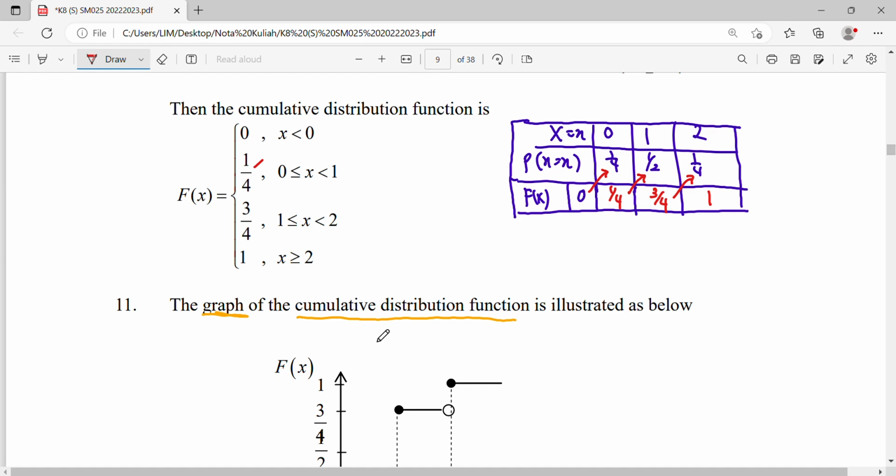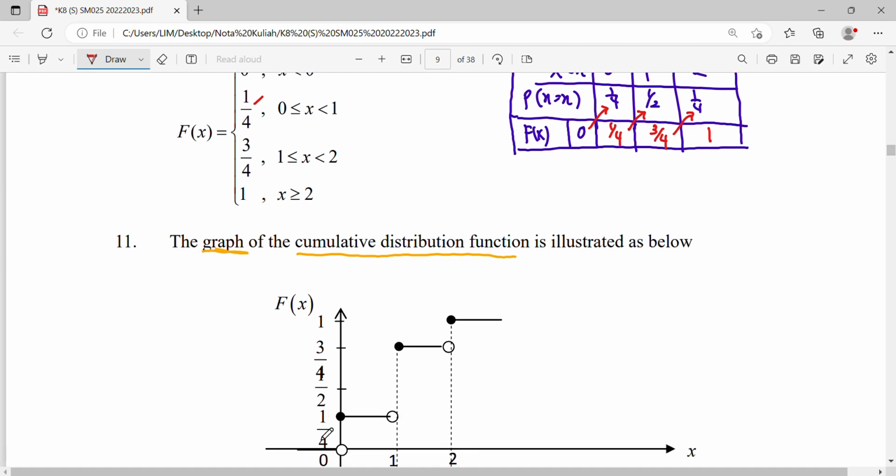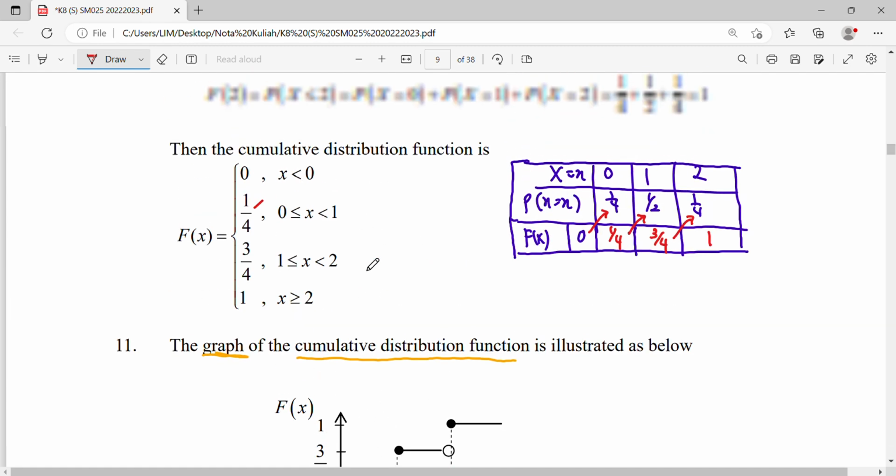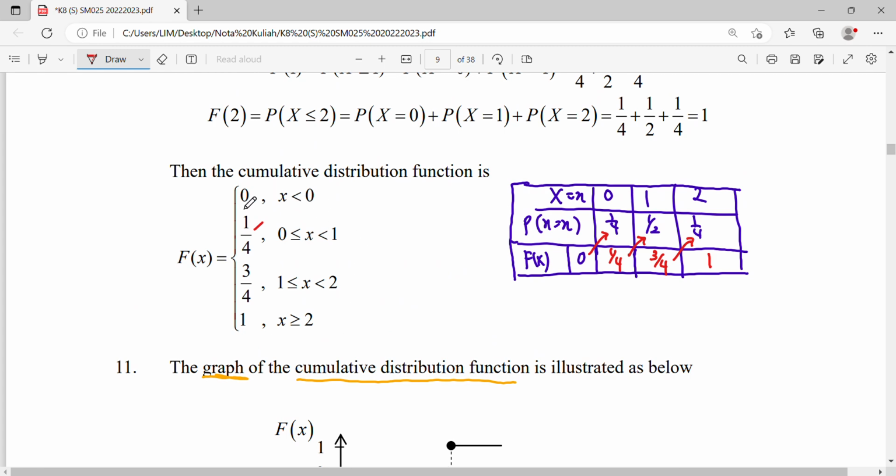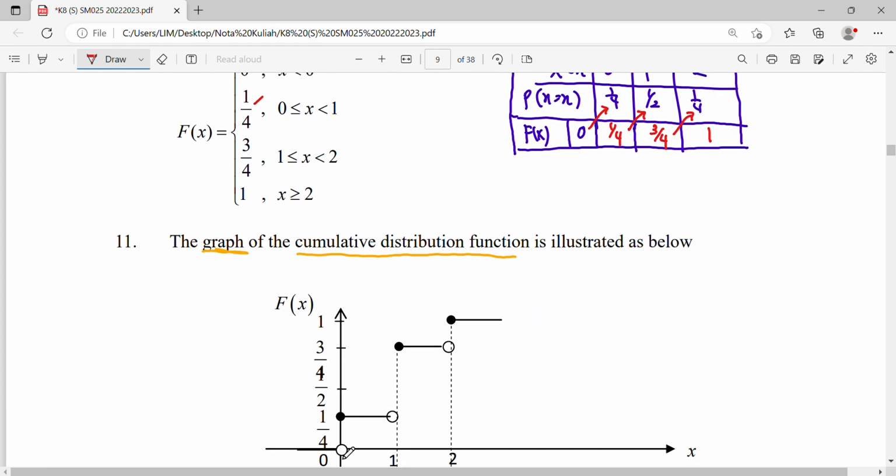So when you want to draw the graph, dia adalah bentuk tangga. So look at the interval here, less than 0. So we draw the interval, less than 0, not included. So we have empty circle. Less than 0, probability is 0.